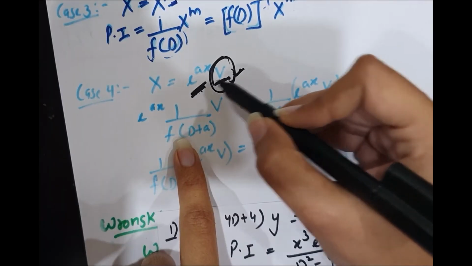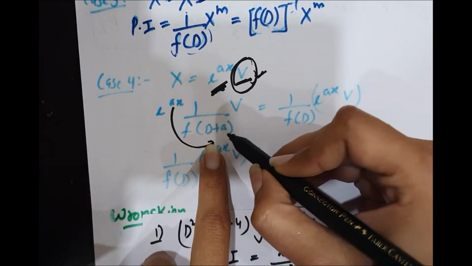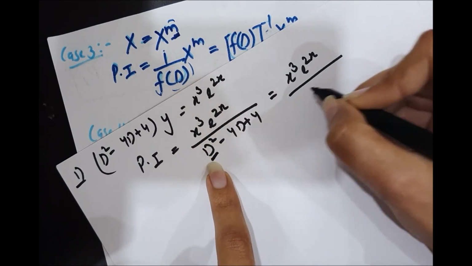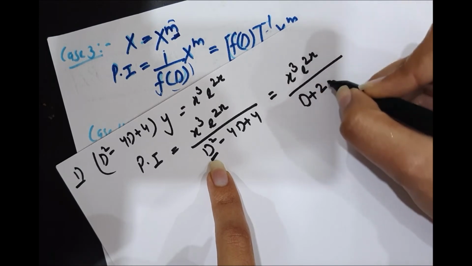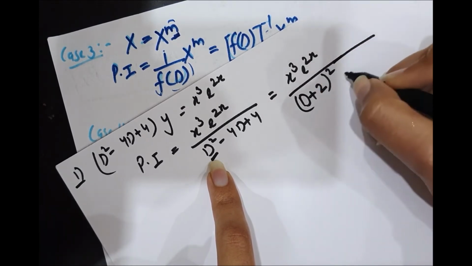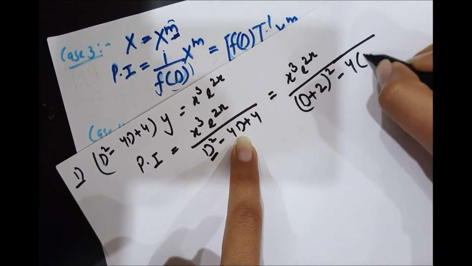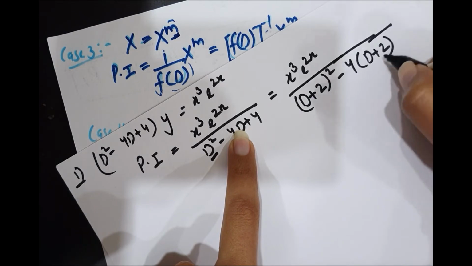When any variable is with the exponential, then put this a with D plus a. I'll tell you. Now in place of this D, do D plus 2. This D plus a. Now square minus 4. Now in place of this D also, do D plus a, that is D plus 2, plus 4.